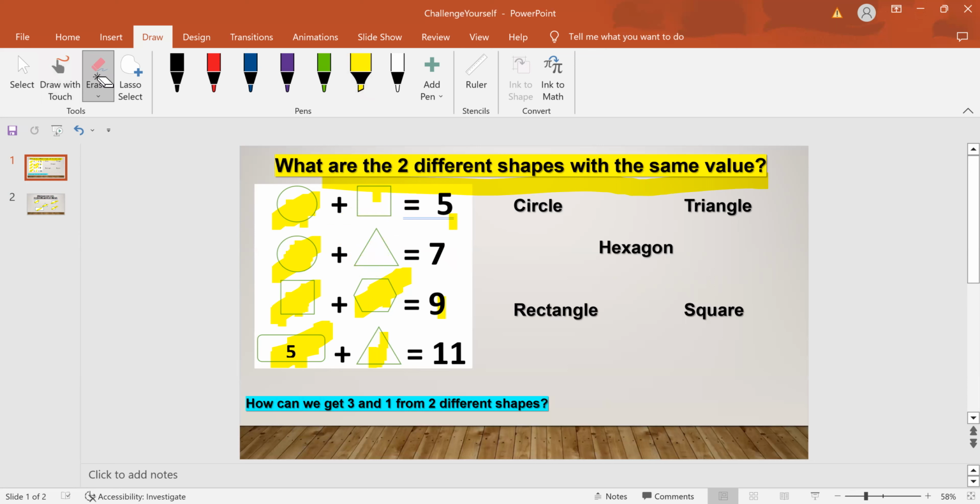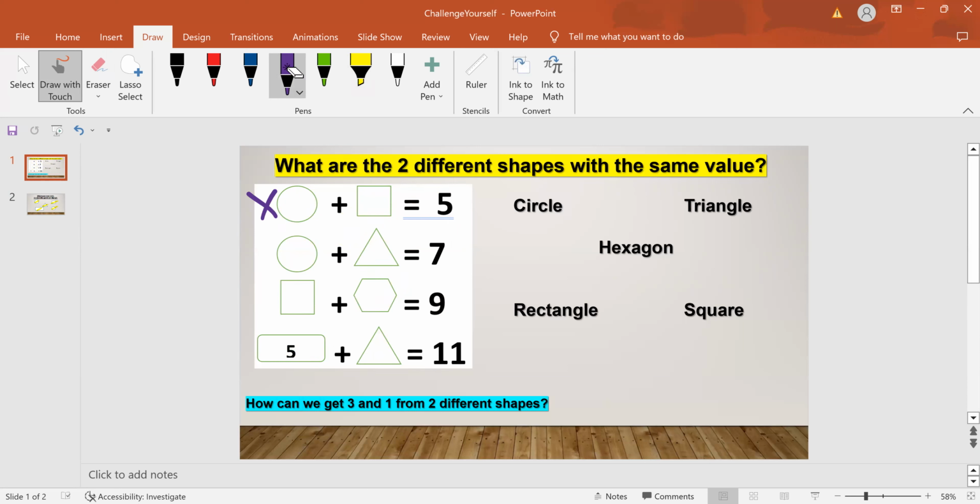Now, let's go step by step. The thing is this: if you want to solve this question from the first step, that will be hard. That will be difficult for you because we have many possibilities, you see.